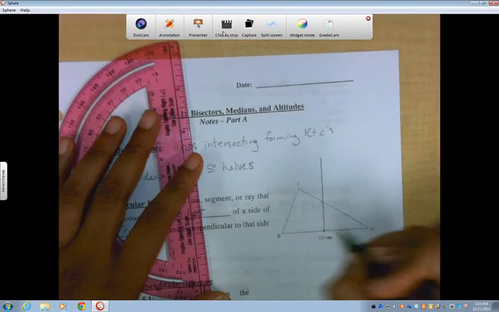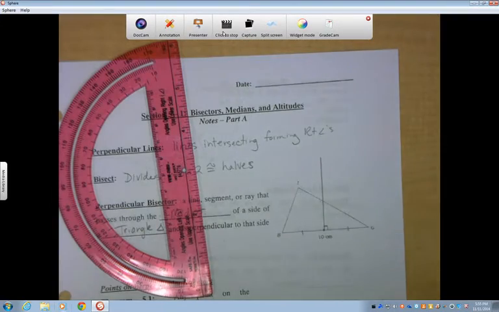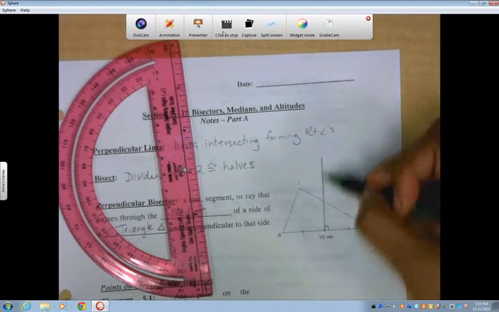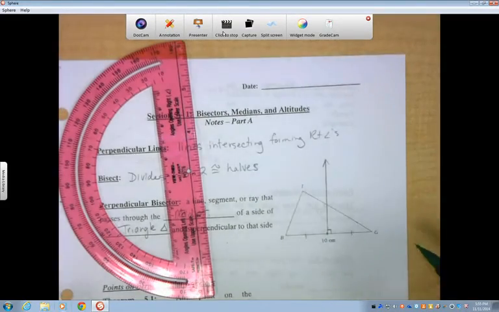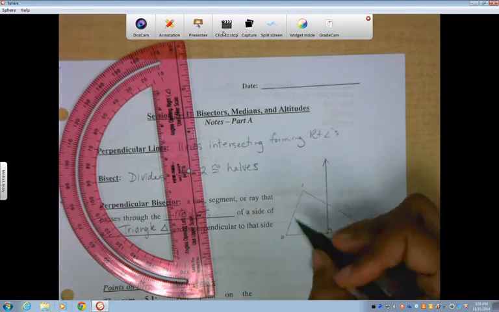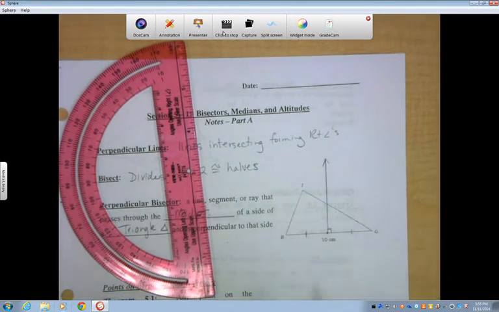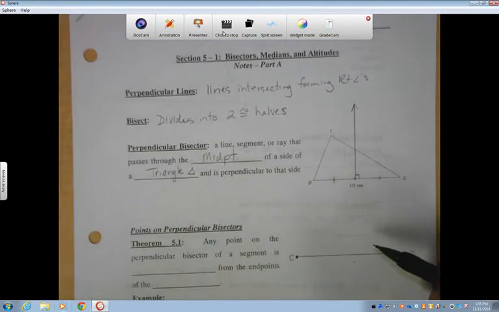And we are constructing a perpendicular bisector. Now, by doing that, I'm showing that this segment here is a ray, and it's continued on. I have the box to show it's perpendicular, and I have the tick marks to show that it's a perpendicular bisector. Well, with the perpendicular bisector, there's a theorem, there's a relationship that happens.